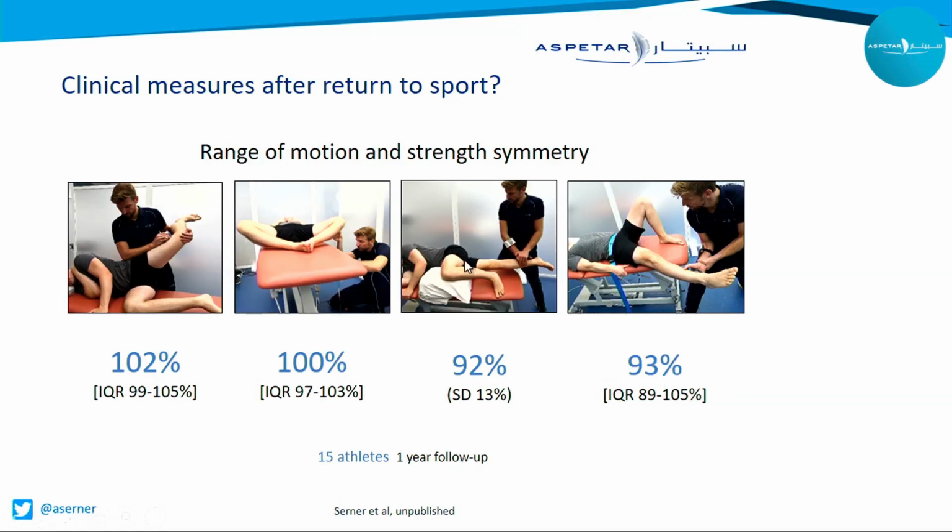For strength, a year after, the same test as we did before, they still had a slight reduction on the left side. So we were not in control of their adductor training or their training in general after they left the hospital. But we can see that the players that we followed up on still have a minor reduction in adductor strength.